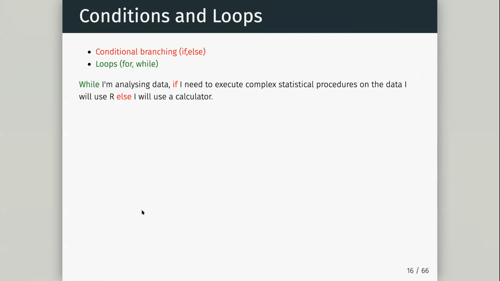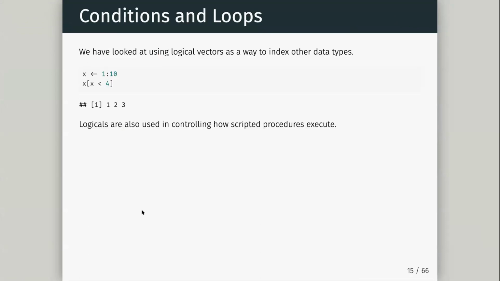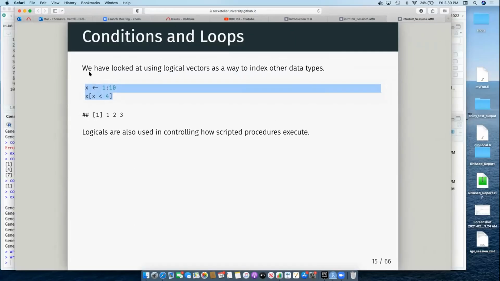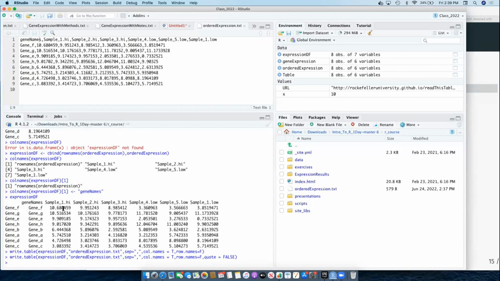So I think we've already looked at things like logical vectors. So we've done x is greater than, x is less than 4. I'll just maybe write this out somewhere. So this is a bit at the bottom of the screen.